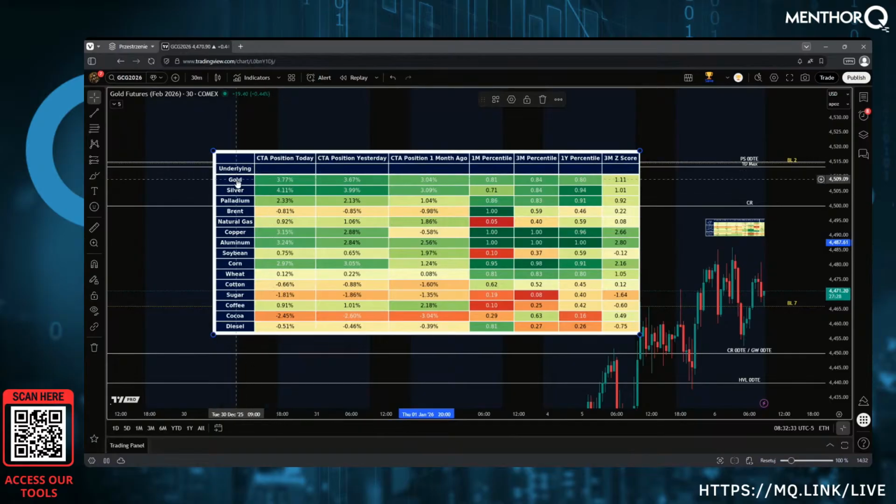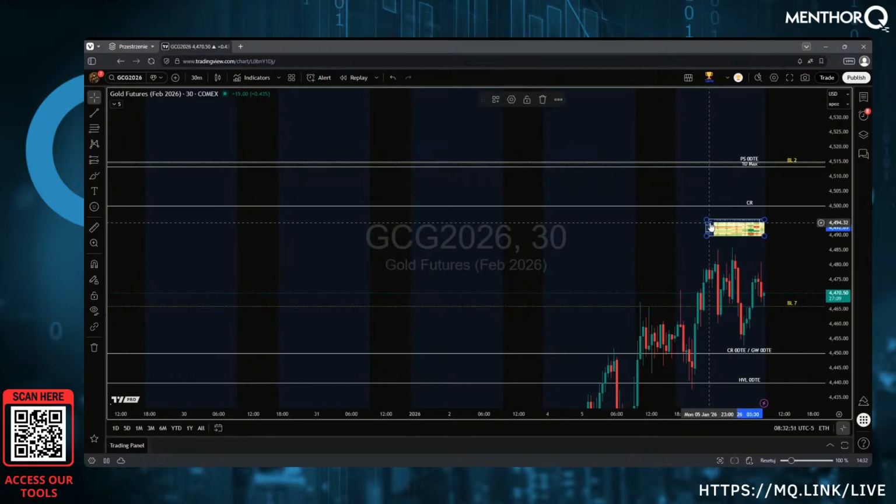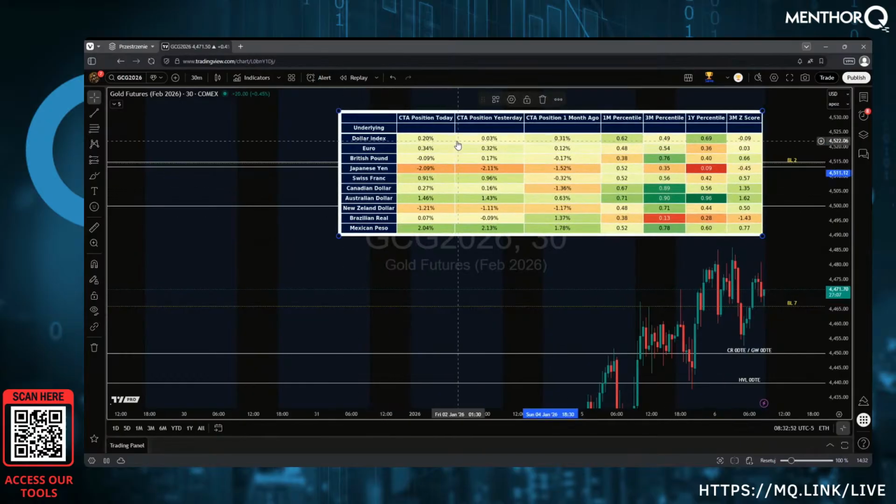First things first, gold CTA positions right now are still building on the long side. Silver, palladium, copper, aluminum, the same. So metals are still going with a long trend. Nothing changed from the last few days and last few weeks. Also, we look at the currencies. Why?